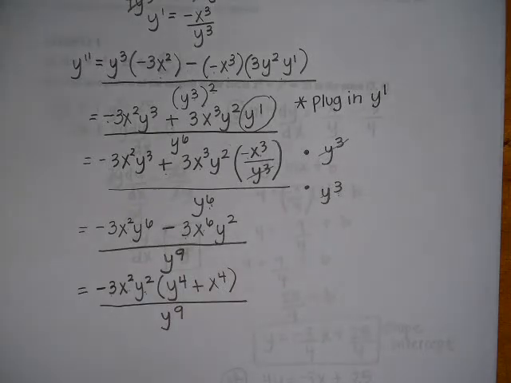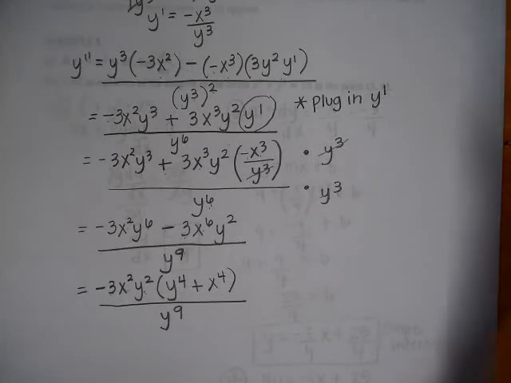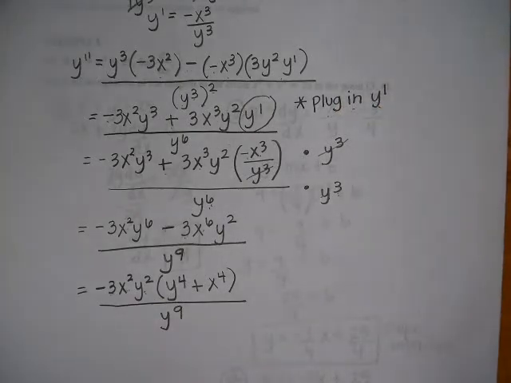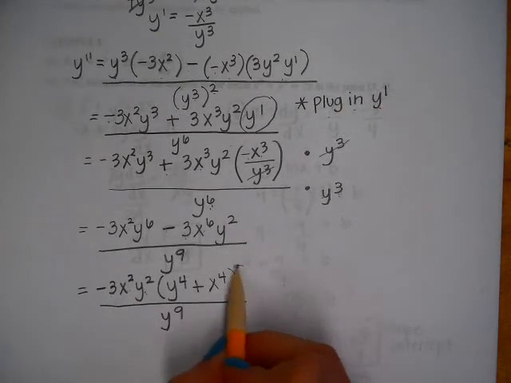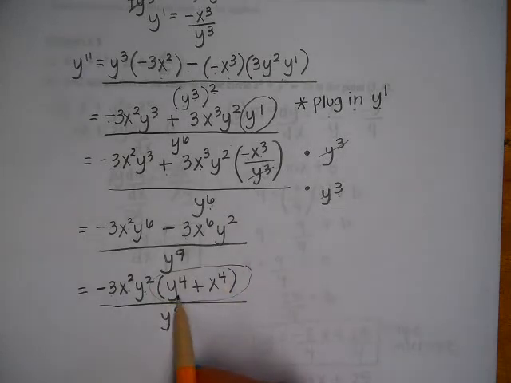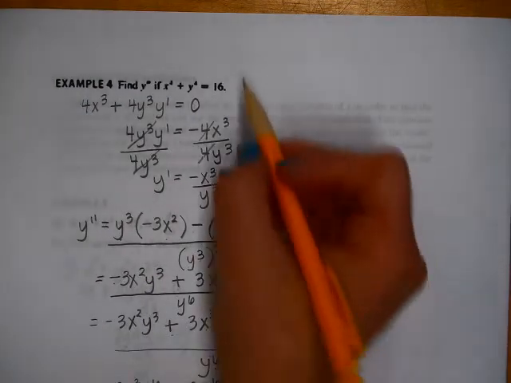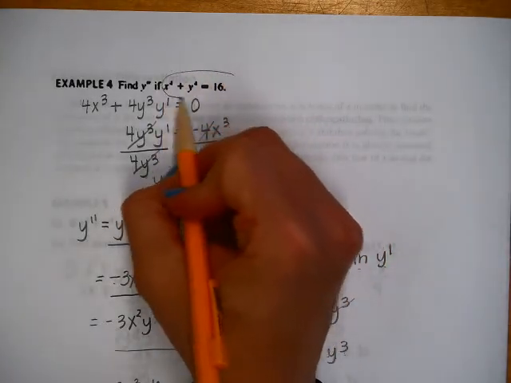Alright, again, if you were doing this all on your own, I would expect you to stop here and not even think twice about going forward, okay? But now that we've worked this together, I also want you to take note of what we have right here, which is y to the 4th plus x to the 4th, and you'll notice that that is your original problem.